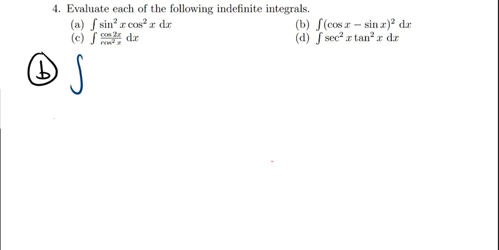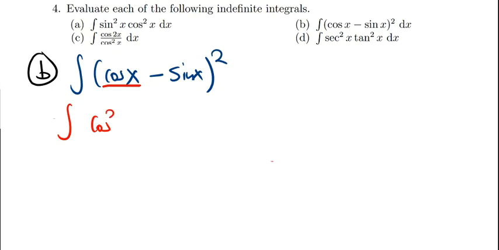The integral of cosine of x minus sine of x, all squared. What comes to your mind when you see this? Let's try to expand, since I can see it's squared, so that we see what it's going to give us. Cosine times cosine is going to be cosine squared of x.